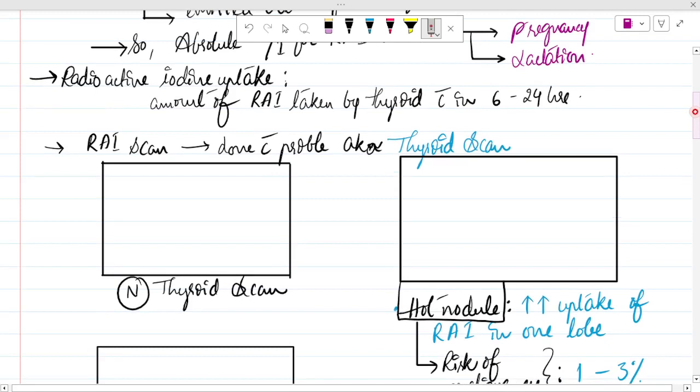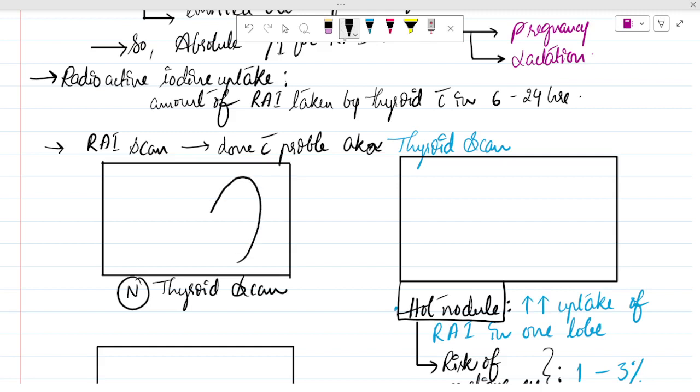For example, if a radioactive iodine scan is done in a normal patient, what you see is, wait, I will draw with a pen. This image will also be given in the image session, so don't panic.